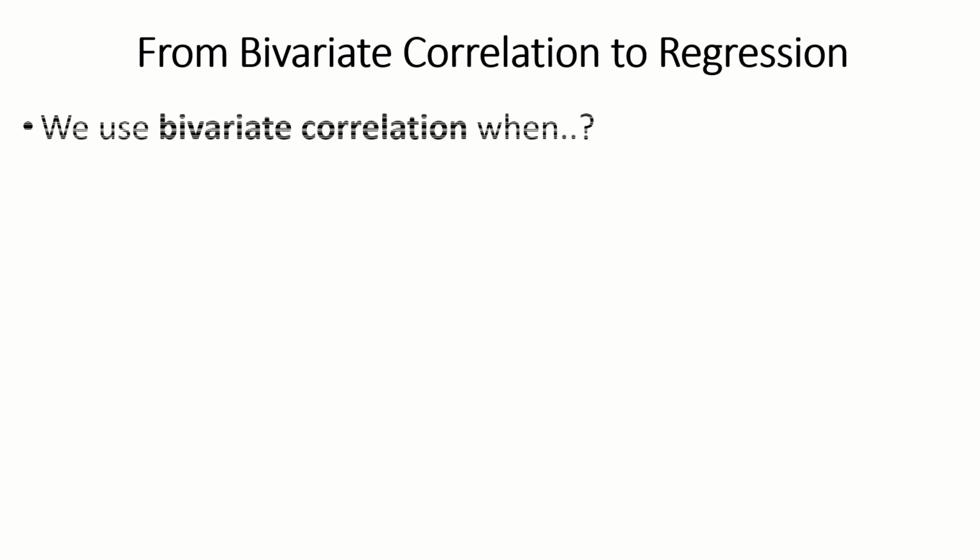But let's talk about the leap from bivariate correlation to regression. In order to make this leap, we have to talk about when we use bivariate correlation. We use bivariate correlation when we have two continuous variables, one continuous IV, one continuous DV, generally.